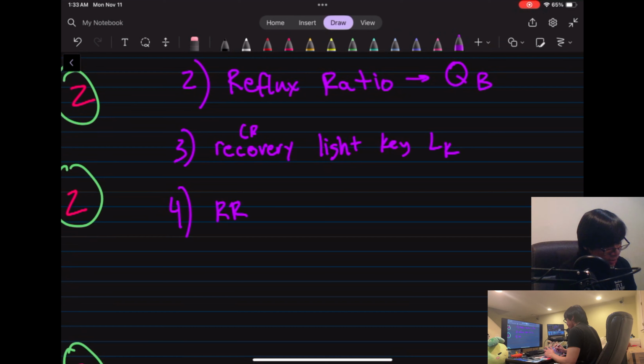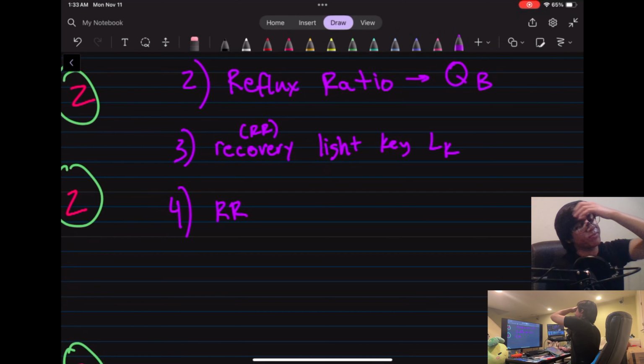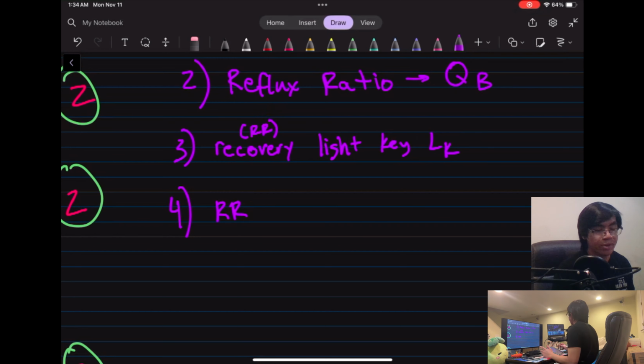Remember, when we were setting the parameters of our distillation column, we always used recovery rate. That way we avoid the error of a simple mass balance, where we try to set a certain mole fraction or molar flow rate at our distillate that doesn't correspond to our feed. So that's why we use recovery rate.